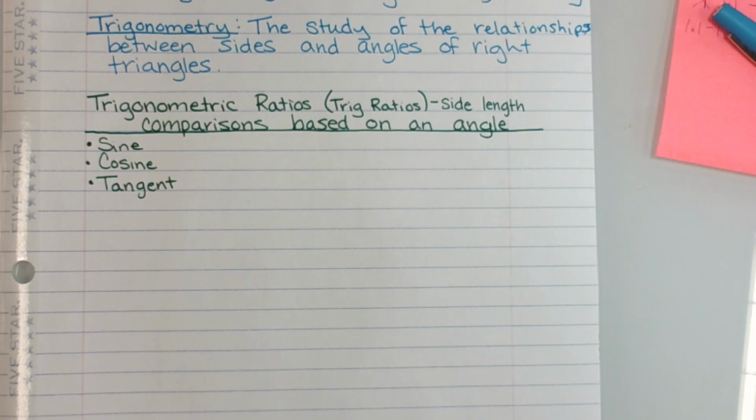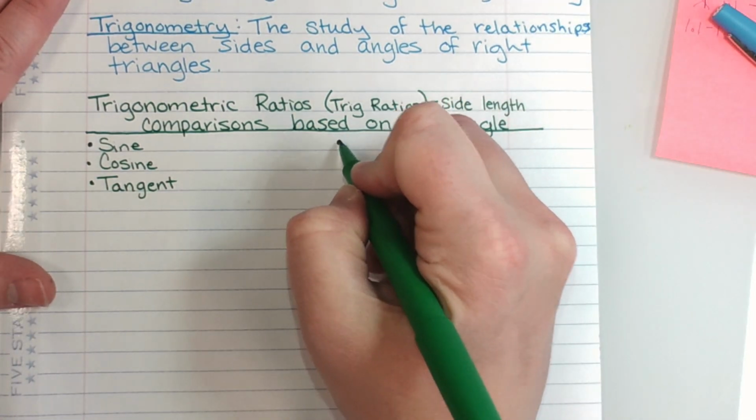Because when you work with a triangle and you're comparing sides, you're making fractions out of the sides. There are 3 sides, and you can make more than 3 fractions. You can make 6 in making fractions of a side length to another side length of the triangle. So there's technically 3 more trig ratios.